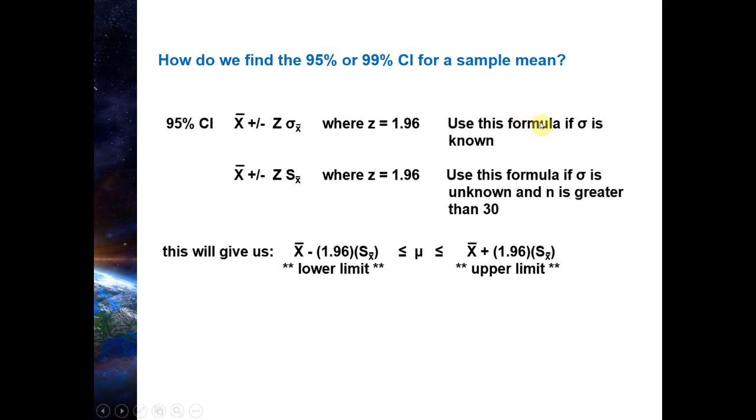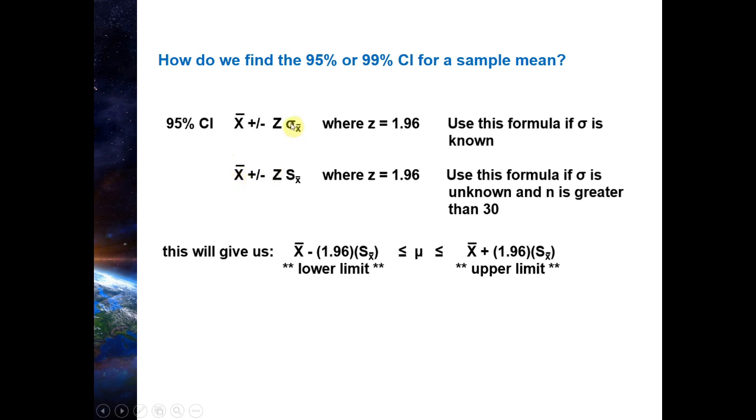All right? So we don't know the standard deviation of the population, and if we did, we would not be asking the question, is this sampling error or something else? It would automatically be the something else. So we don't use this formula.